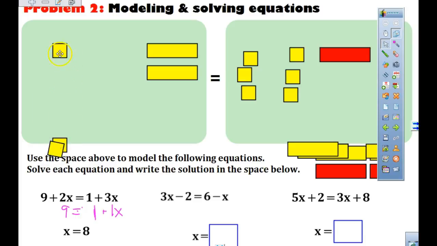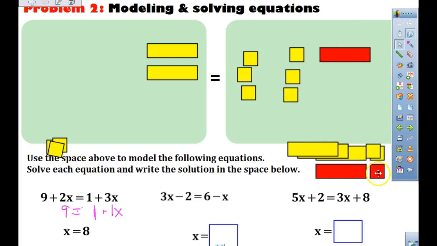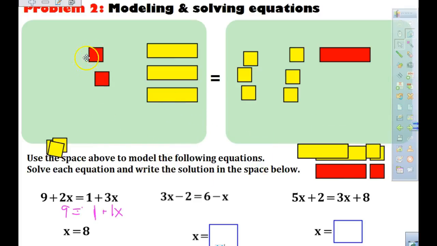When we do our negatives, those should be our red ones that we were looking at, right? So in this case, I needed to have -2. So I have -2, I have 3 x's, I have 6 ones, and a -x.